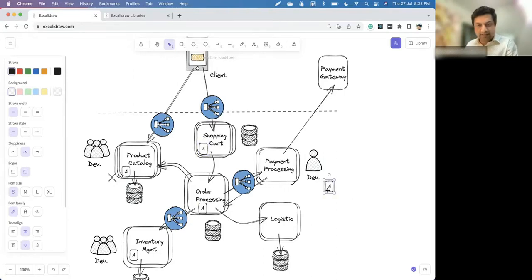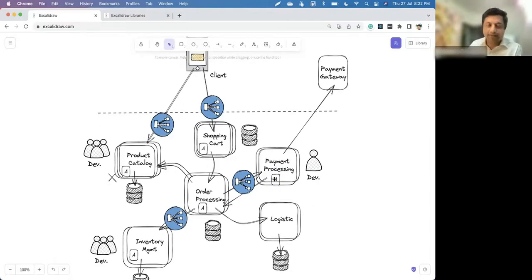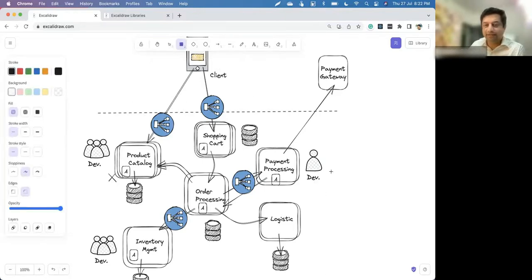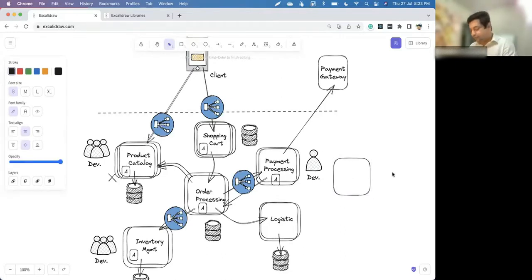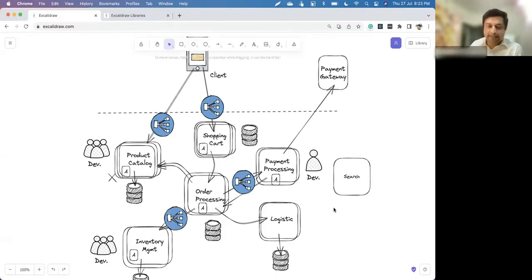There are some advantages also. I'll give another example. Maybe you have implemented some service for logging, or let's say something for search.